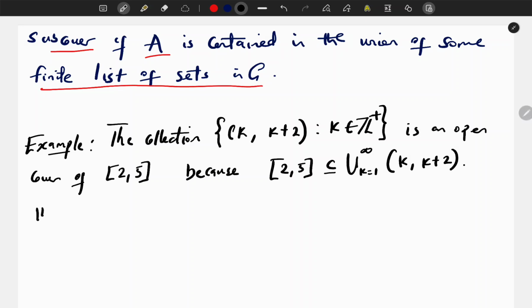So we say that this open cover has a finite subcover.